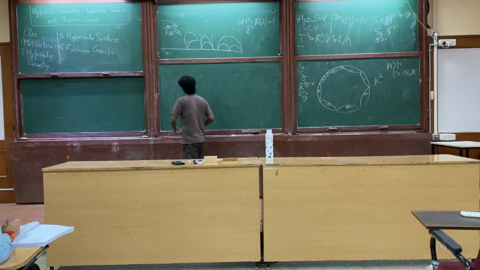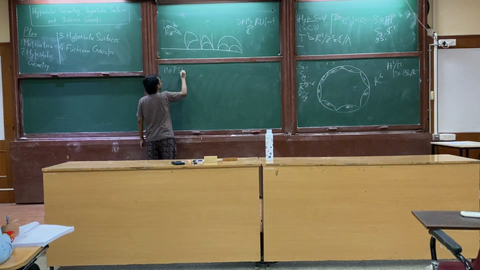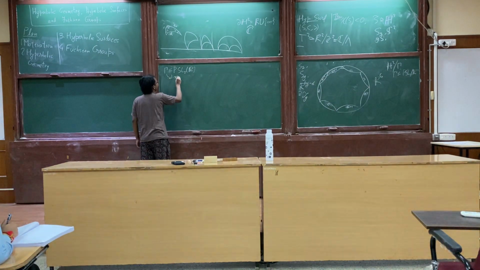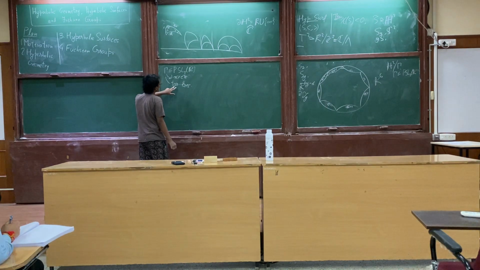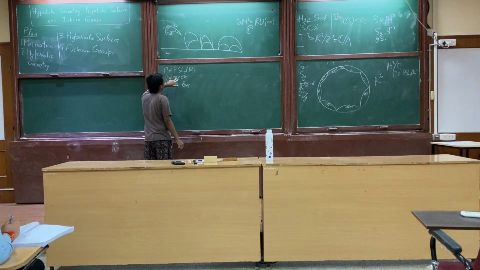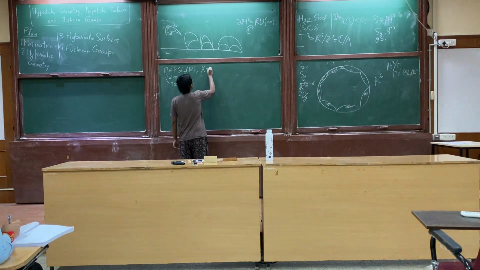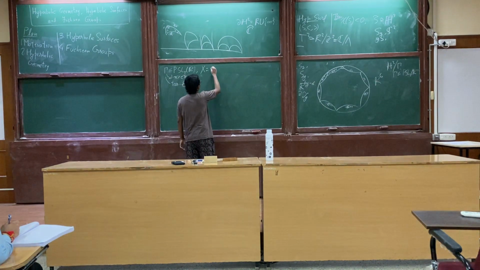We also have a converse that says that if you start with a subgroup of PSL2R which is discrete and torsion free, so torsion free means that there are no elements of finite order, and discrete means that it's discrete as a subspace of PSL2R, which has a topology from R4. If you start with such a group, then you can show that such a group will always act properly discontinuously on H2.